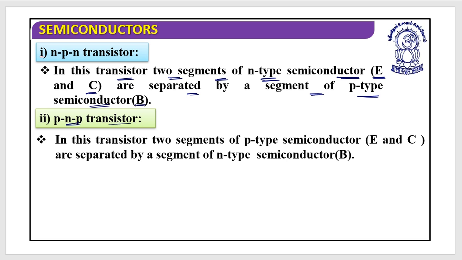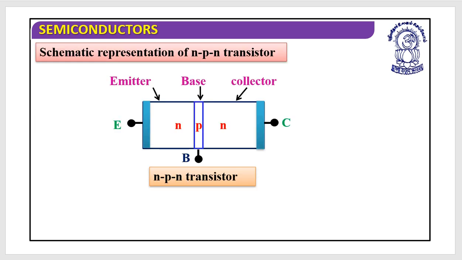And in the PNP transistor, two segments of P type semiconductor, the emitter and the collector, are separated by a segment of N type semiconductor. Let's have a look schematically at how the NPN and PNP look. This is the schematic representation of an NPN transistor. This is the N type material, this is the P type, this is the N type.